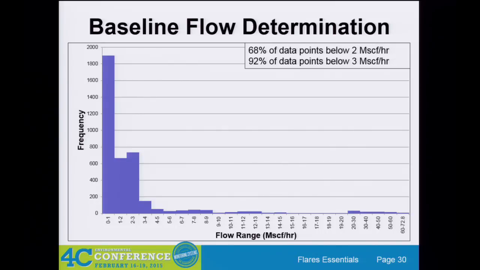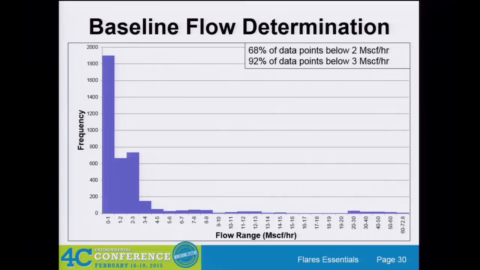So then we took the data and made a histogram of it, just saying, for the different flow ranges, how many data points did we have in each of those flow ranges, to see what's more routine. Obviously, here is probably your base purge case.